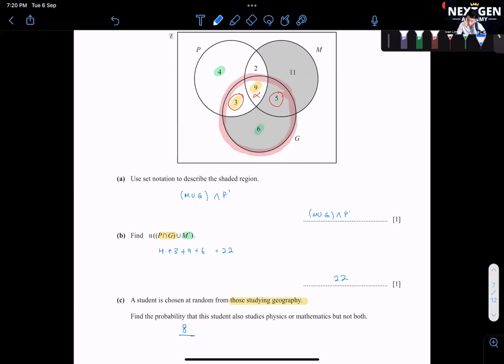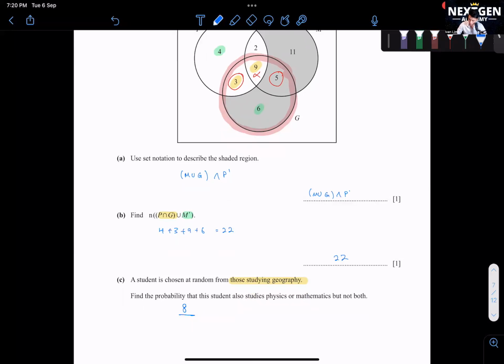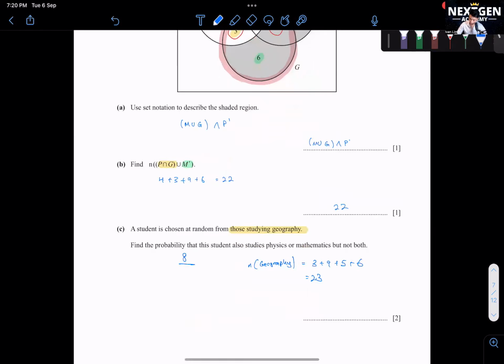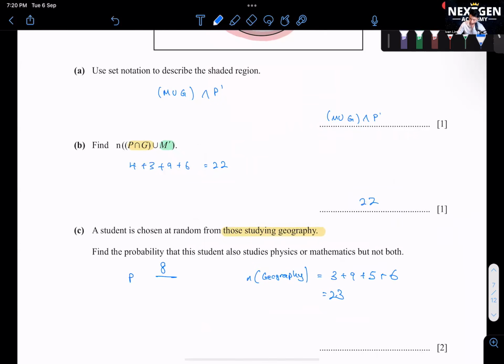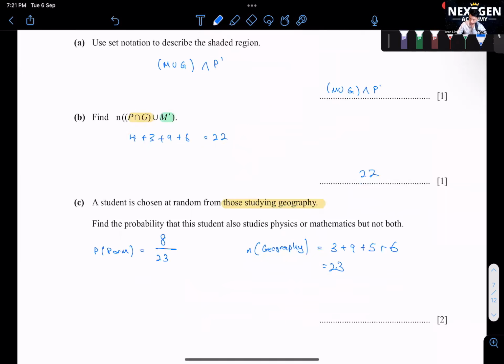How many students here? 3 plus 9 plus 5 plus 6, the number of geography students, which is equal to 23. Therefore, my probability will be equal to, let's write it as P or M, 8 over 23.